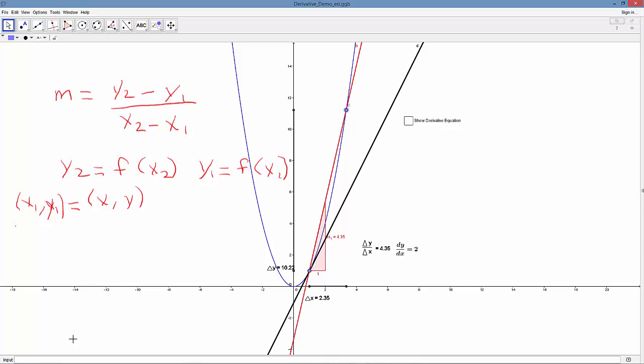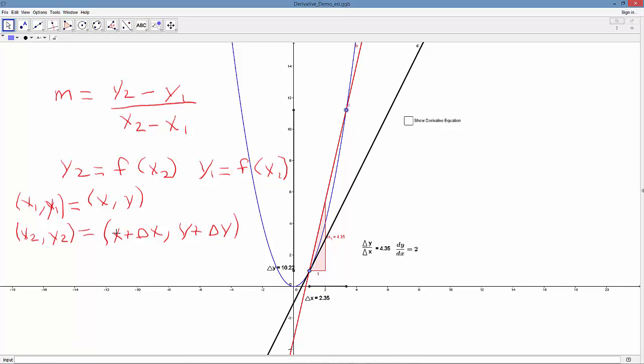And then we want to define our point 2, x2 comma y2, as x plus delta x. So we want to do it relative to point x. So we got x plus delta x, and then the y will be given by y plus delta y.